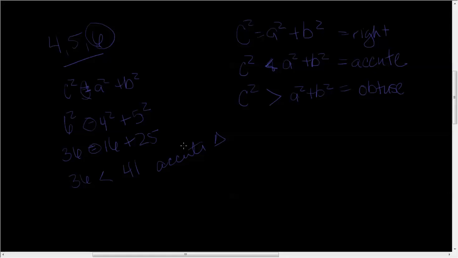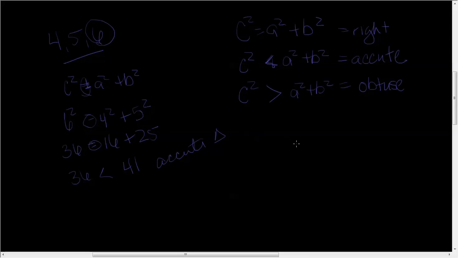Let's see if I can squeeze another problem in over here. What if they gave you the numbers square root of 3, 2, and 3? Well, c squared is what compared to a squared plus b squared?